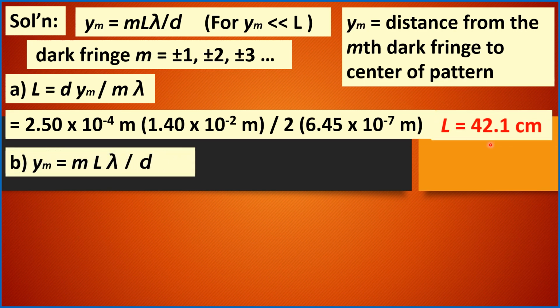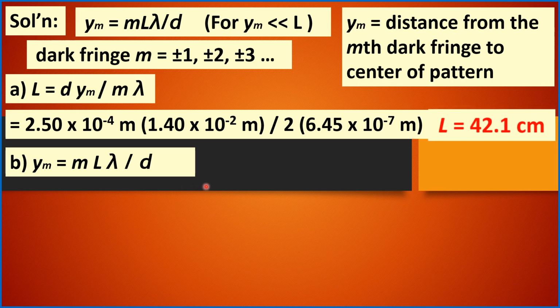Moving on to question letter B, we are asked to find the distance between the two second minima if the wavelength given is not equal to what we have here.